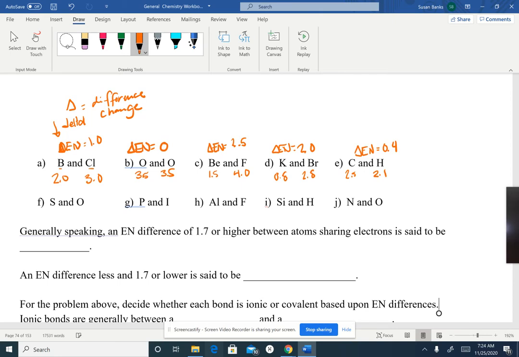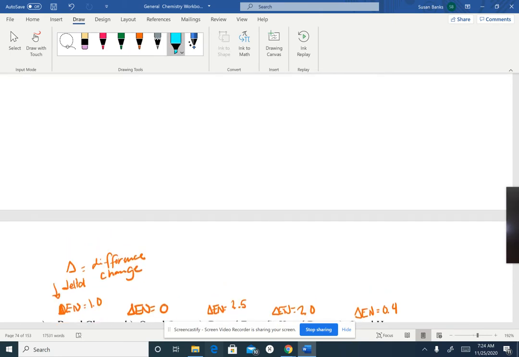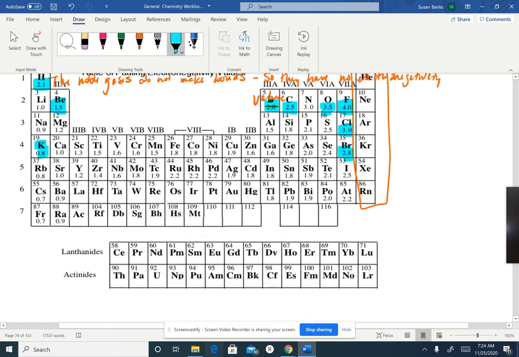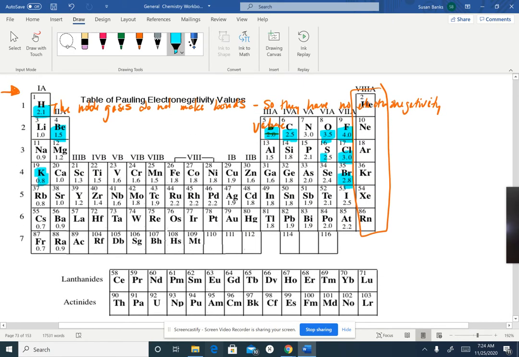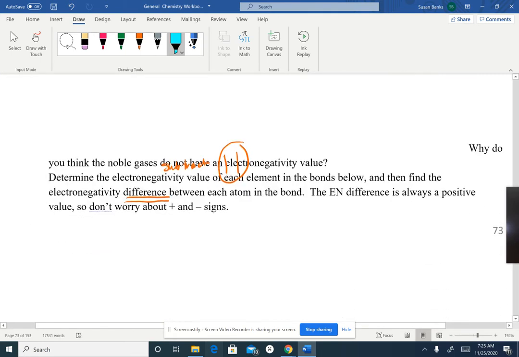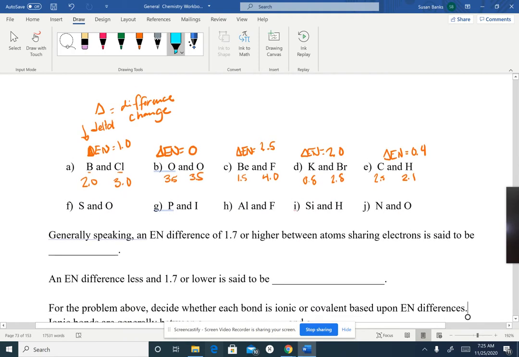All right, sulfur and oxygen. Let's look at those. Sulfur is 2.5 and oxygen is 3.5. So our difference here is 1.0. Okay, phosphorus and iodine.